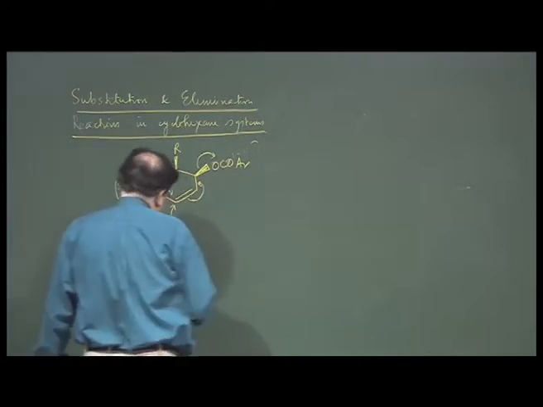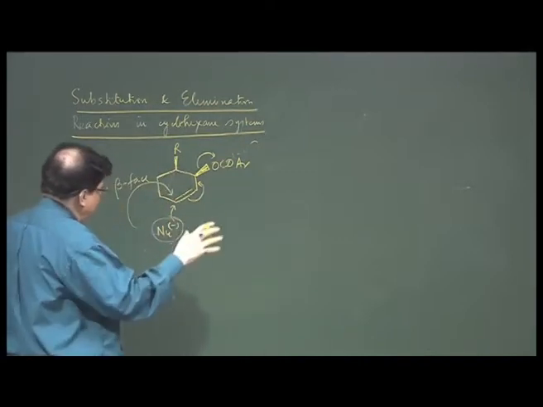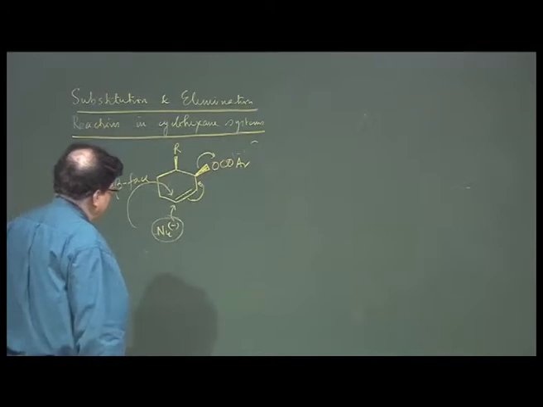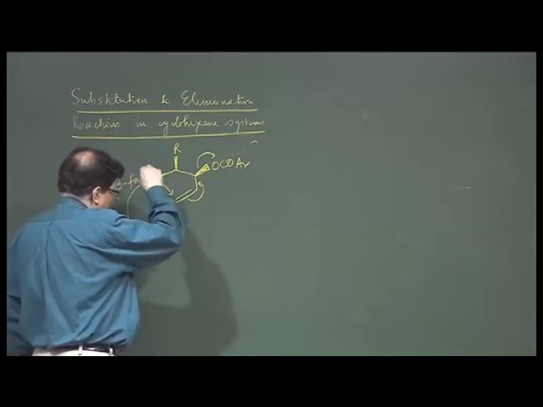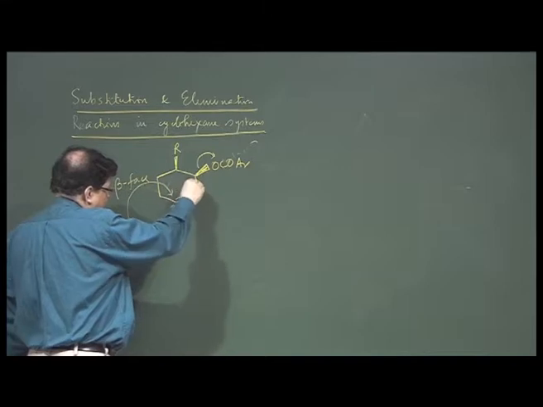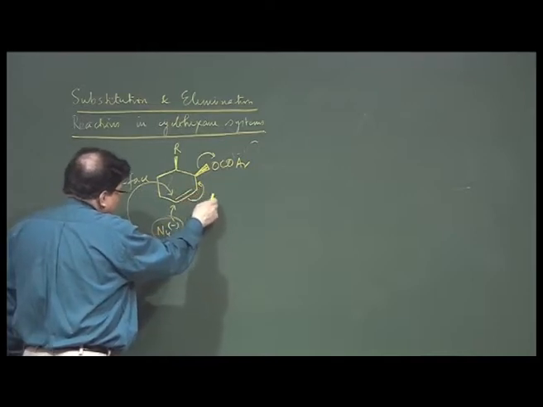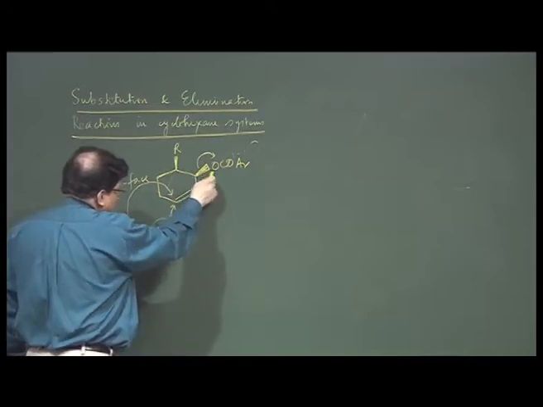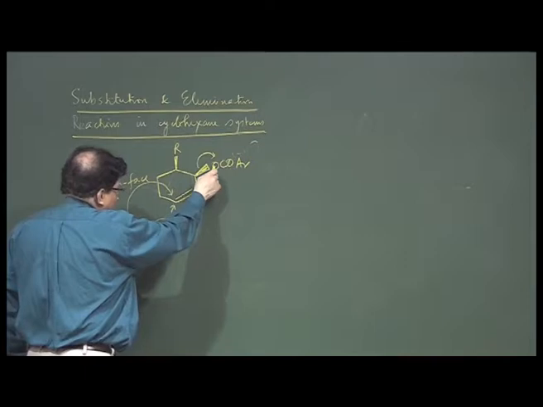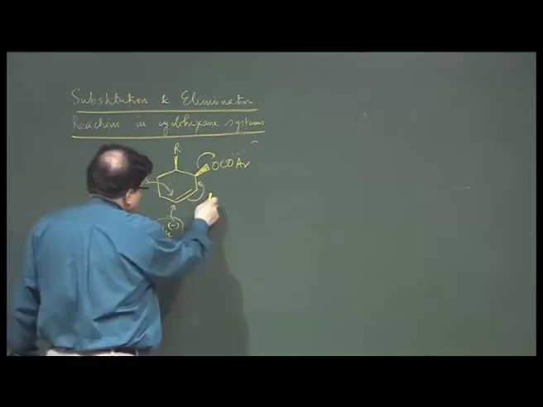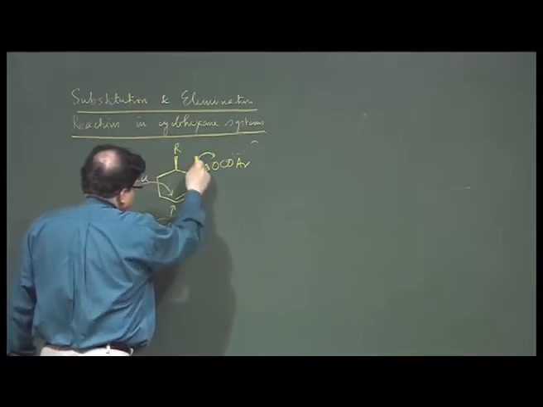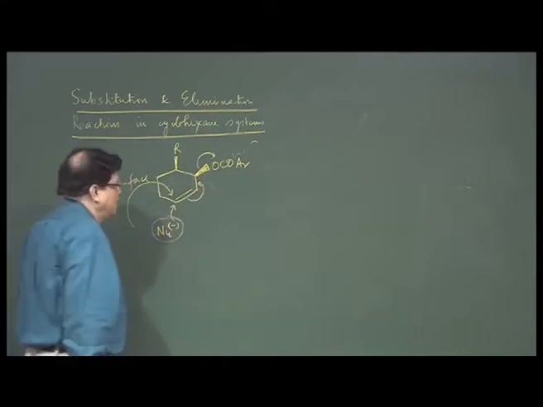The answer you can simply give without writing any conformation. If the nucleophile attacks from the top face, then the negative charge that will be formed here will be on the bottom face, and that negative charge will be anti to this OCOPh. So it will be easier for that negative charge to come back and kick out the benzoate.